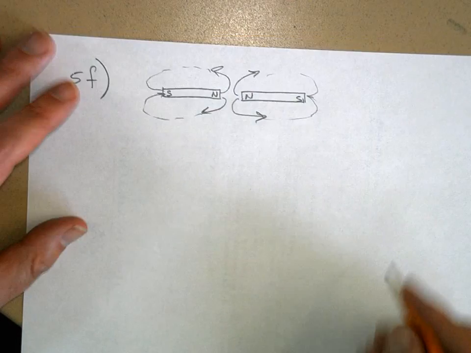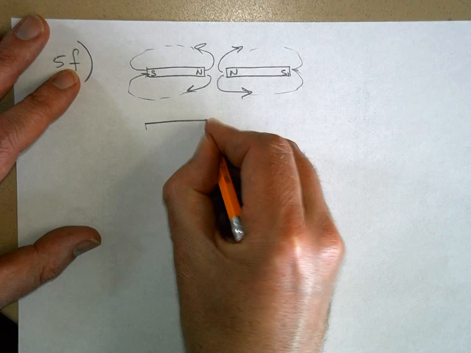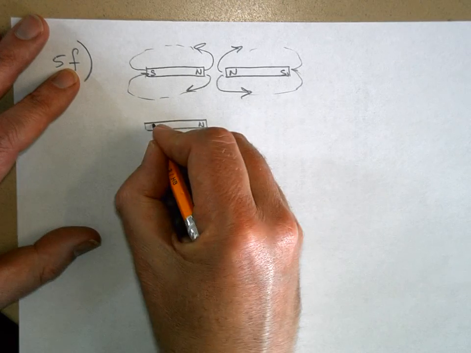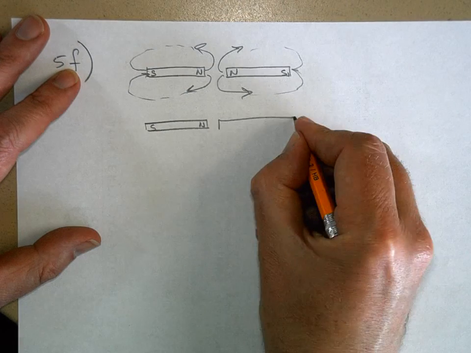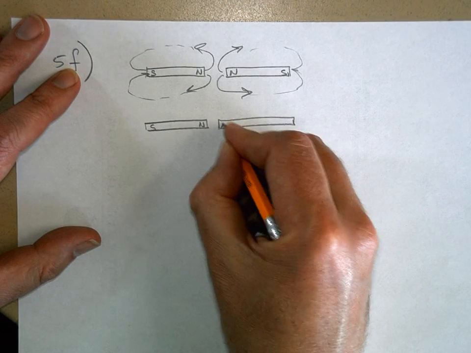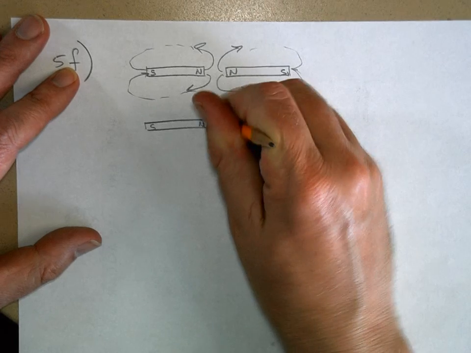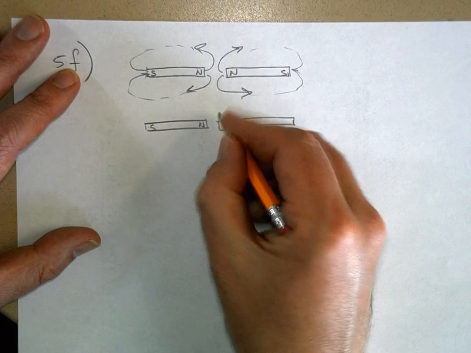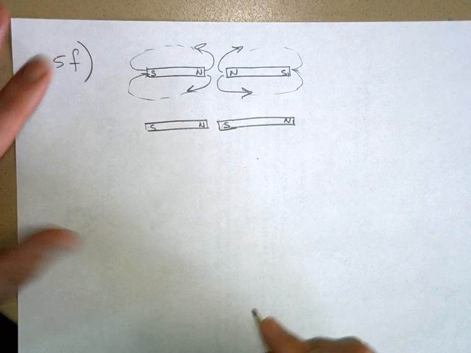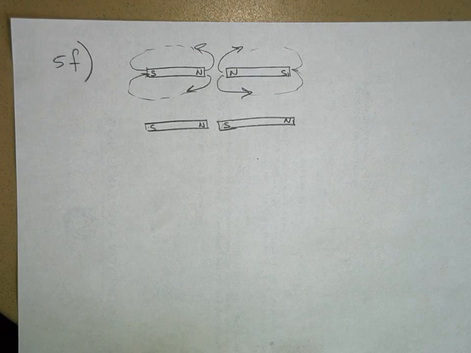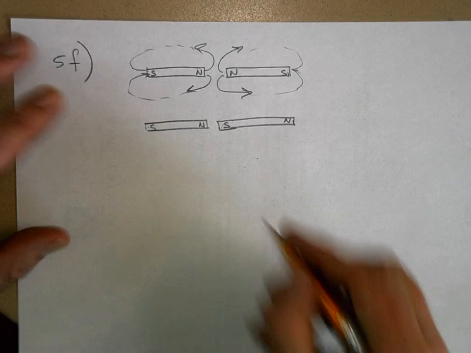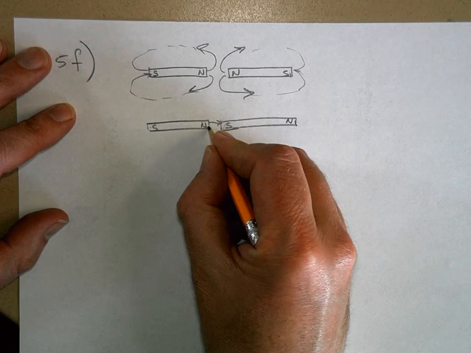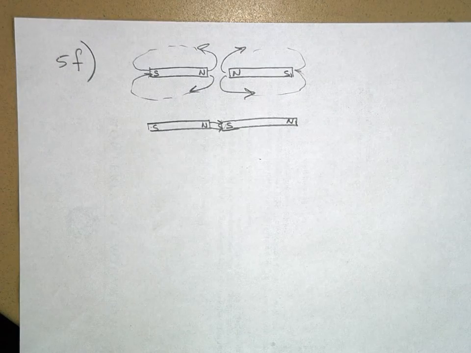Now, what happens if I put a north pole, south pole, south, north? Let's do the same thing. What are the field lines going to look like here? They're going to attract each other. This is going to go in here, this is going to go in here. They're going to try to pull each other together.